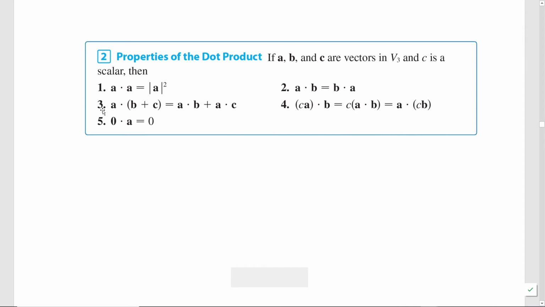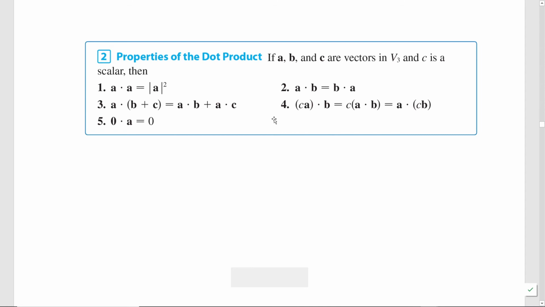Property 3 reads A dot the sum B plus C, which is equal to A dot B plus A dot C. This is called the distributive property of the dot product. So the dot product distributes over the sum.